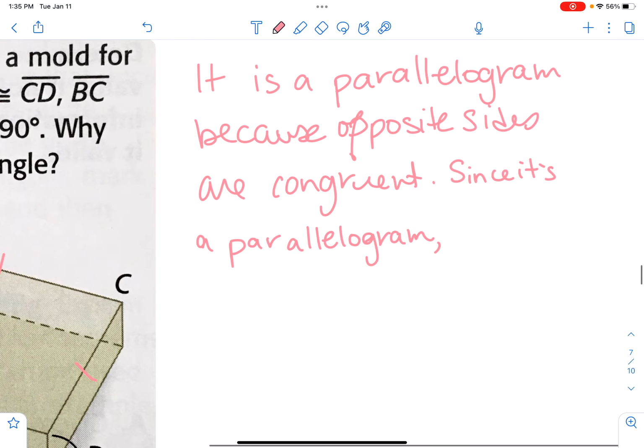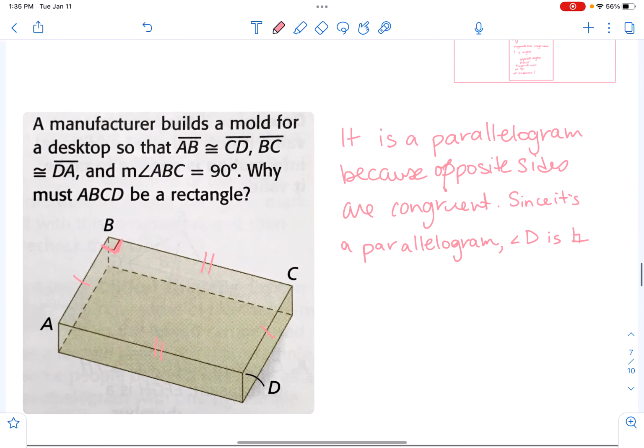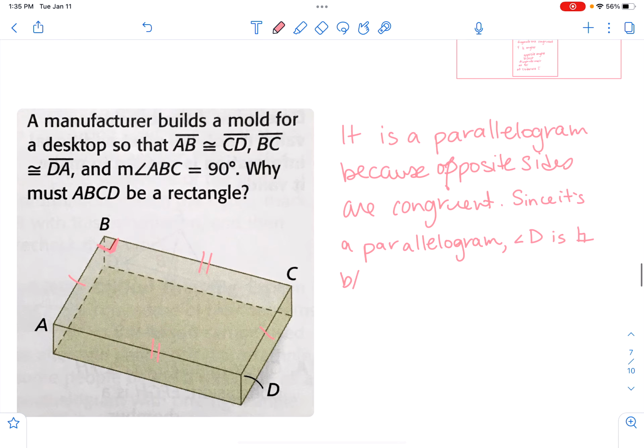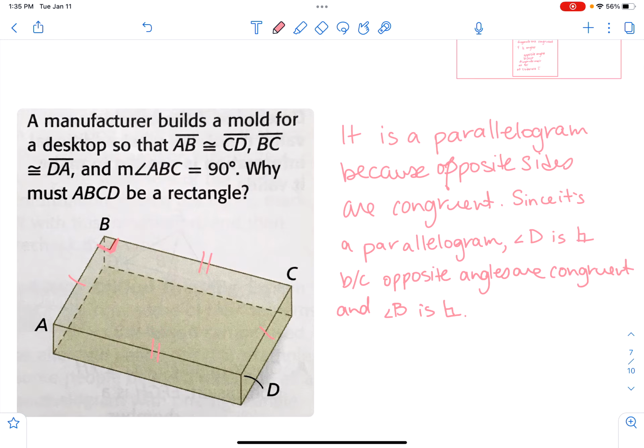So we'd have to say angle D is also a right angle because opposite angles are congruent and B is a right angle. I didn't feel like writing right angle out, so I just drew the picture. So they really want us to step it through. So now we know that is a right angle.